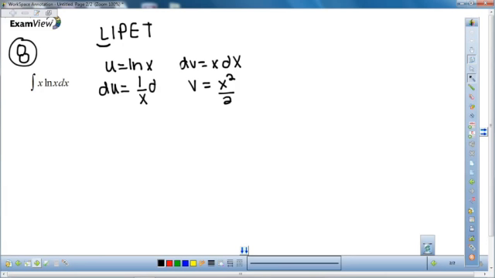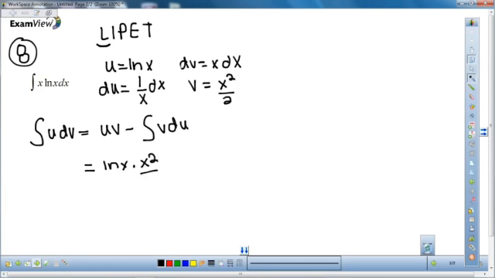So if you remember, the formula is the integral of u dv is uv minus the integral of v du. So u times v minus the integral of v times du.